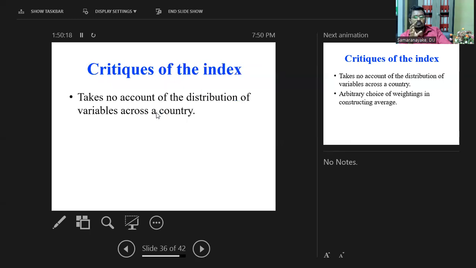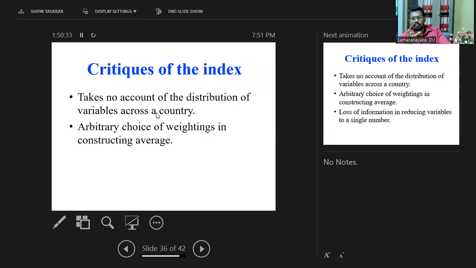Here we do not discuss distribution or inequality. We don't have any discussion or concern about that, and no priority is given to address the problem of inequality, the unequal distribution of wealth or whatever. Also, the way we weight it: giving 1/3 to each, and within the education index, giving 2/3 for literacy rate and 1/3 for schooling enrollment.